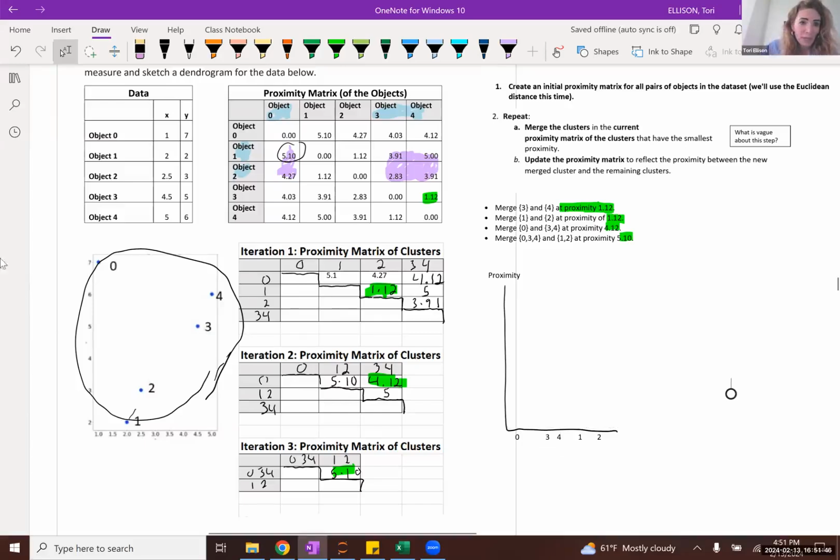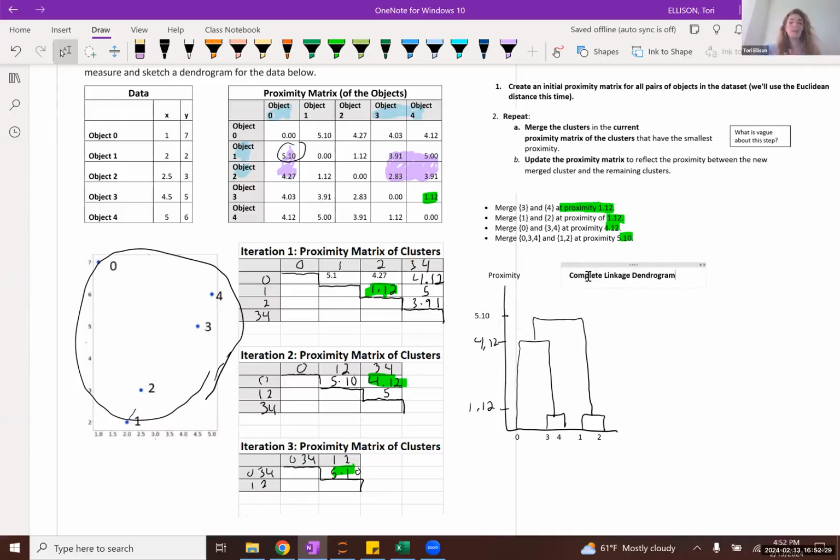So 3 and 4 merge at 1.12. 1 and 2 merge at 1.12. 0 and 3, 4 merge at 4.12. And then 0, 3, 4 and 1 and 2 merge at 5.1. Okay, and this is my complete linkage dendrogram.